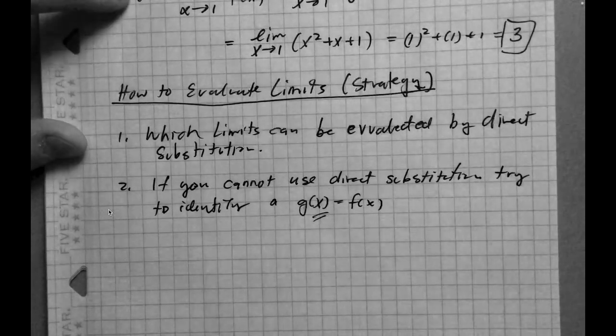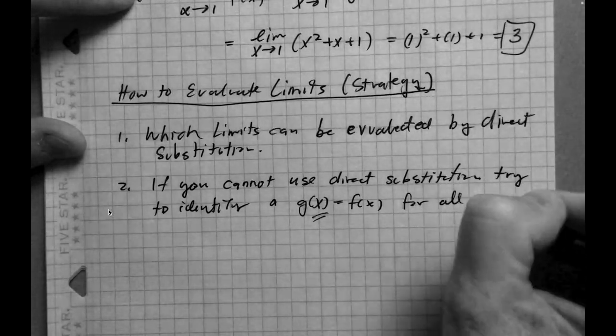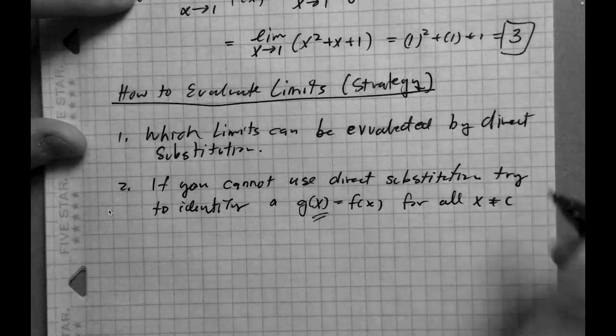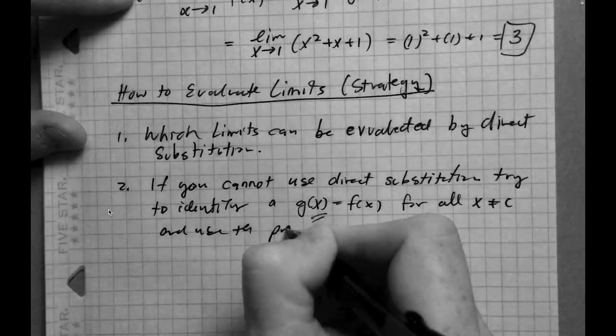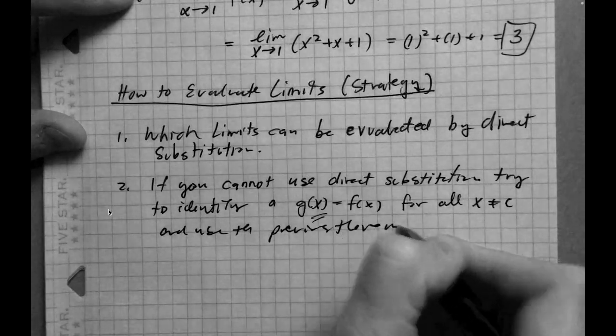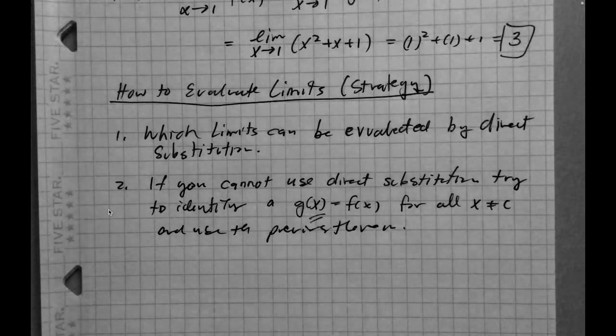So g being the function you try to identify for all x not equal to c, and then use the previous theorem. So what that basically boils down to is, can you transform the function in some way such that you get rid of the issue at the limit point, right? So if it's an issue where you're dividing by 0, for example, it's the most common one probably. Can you transform the function such that you get rid of the dividing by 0 at the limit point problem? And then you can likely use direct substitution.